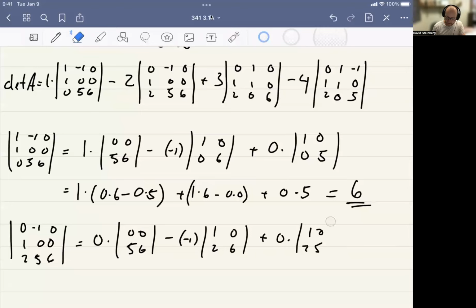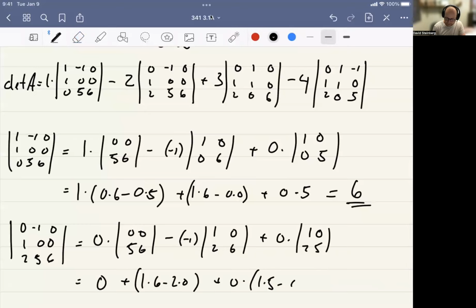That's 0 plus 1 times 6 minus 2 times 0, plus 0 times 1 times 5 minus 0 times 2. So this is also 6. Okay, a couple of 6s. It seems funny, but all right.